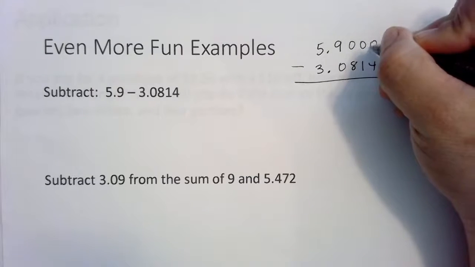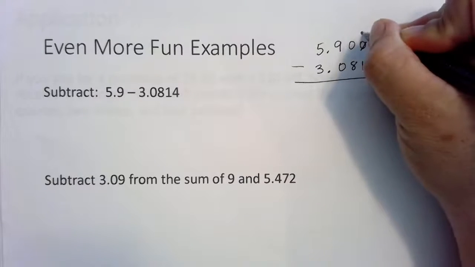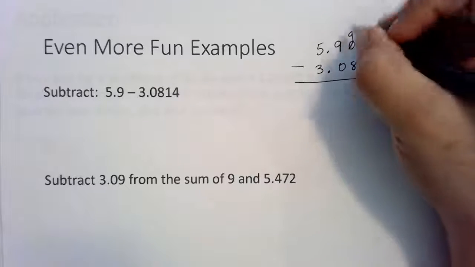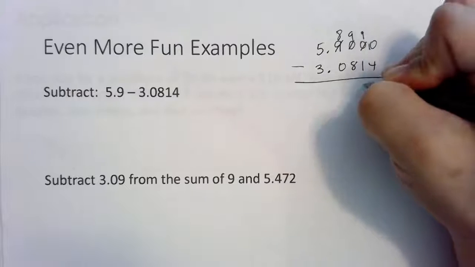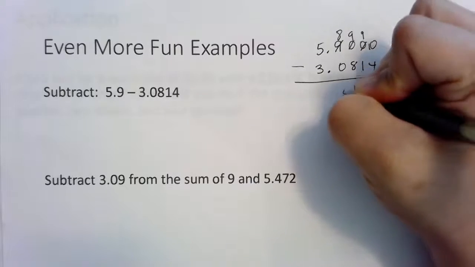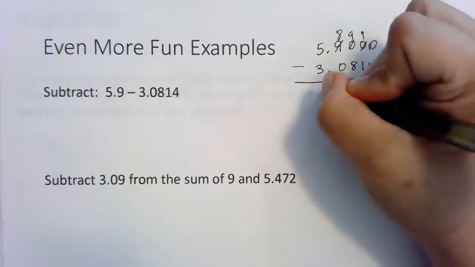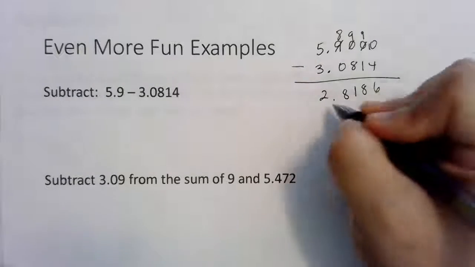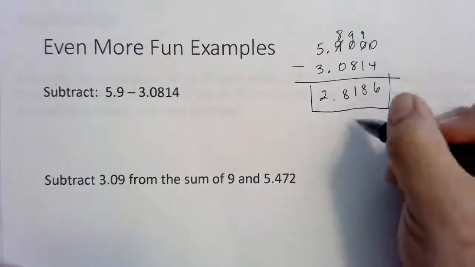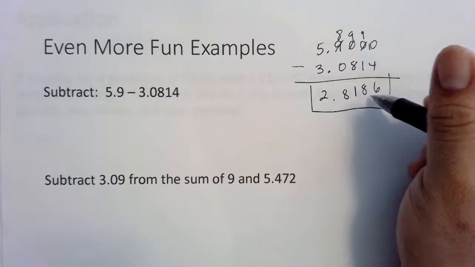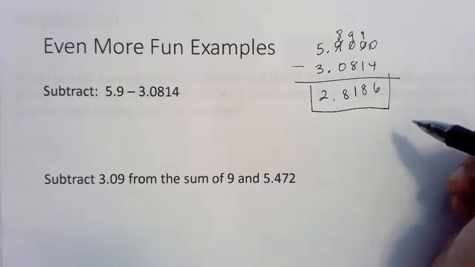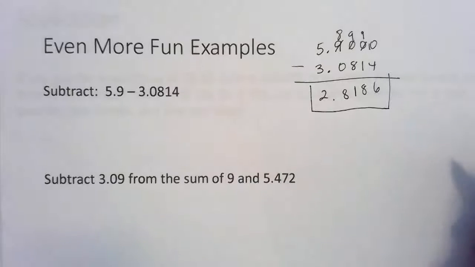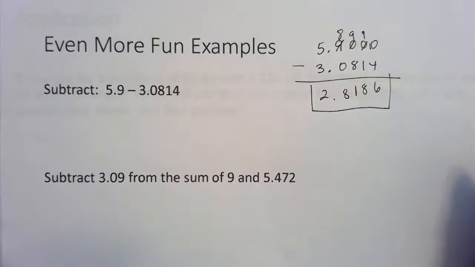This would be 10, we would borrow 1 here, and then this would become an 8. So this would be 6, 8, 1, 8, and then 2. So it would be 2 point 8186 over 10,000.